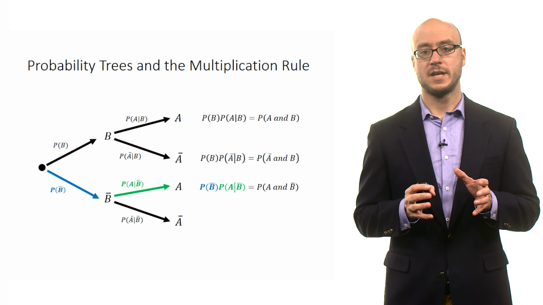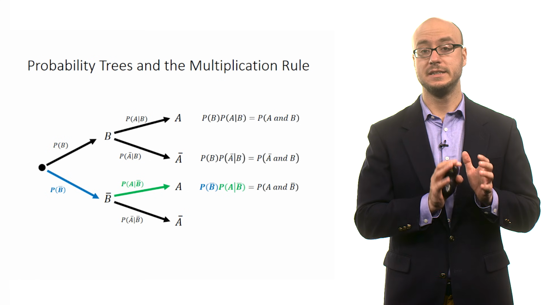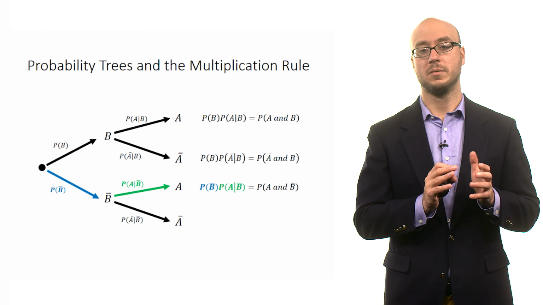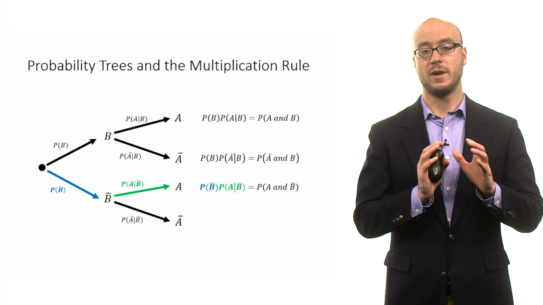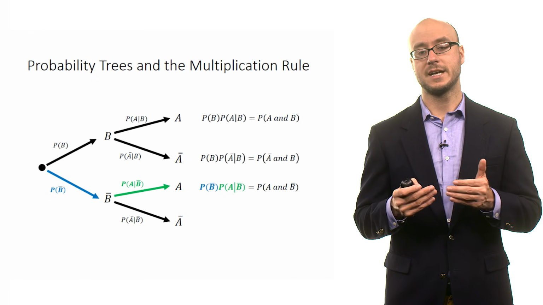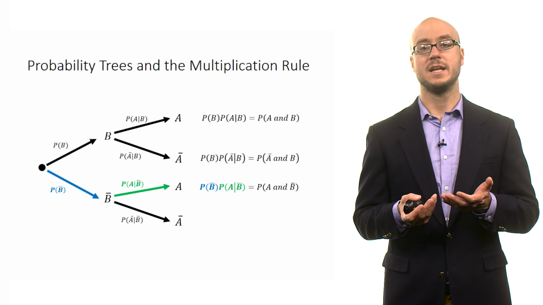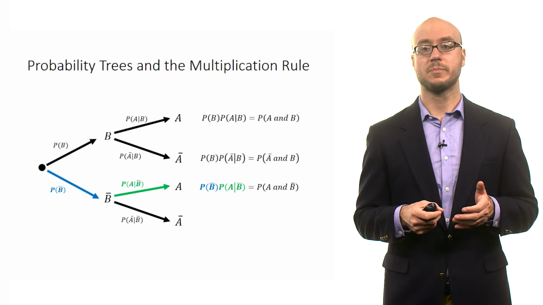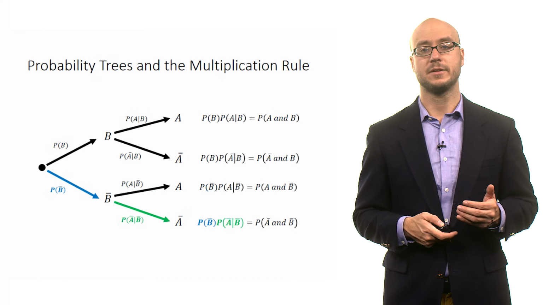That third set of branches, in this case, we have a slightly different overall probability. We're conditioning on not B. So we have a probability of not B, and then that second green branch tells us the probability of A given not B. And then to find the joint probability of A and not B, you just multiply those two probabilities together.